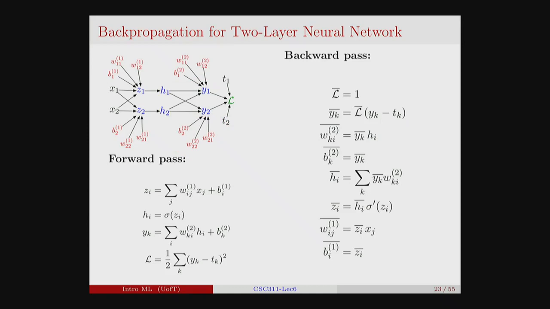So as before, we're going to first do a forward pass that involves computing Zi, so each of Z1 and Z2, as a summation of how X1 and X2 influence Z1. So that's going to be a linear function. Then we're going to compute the sigmoid nonlinearity.